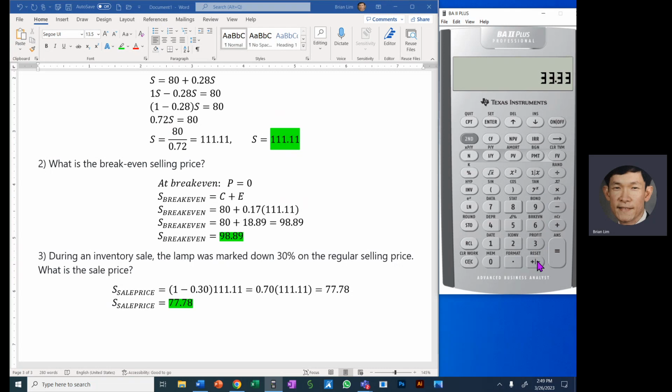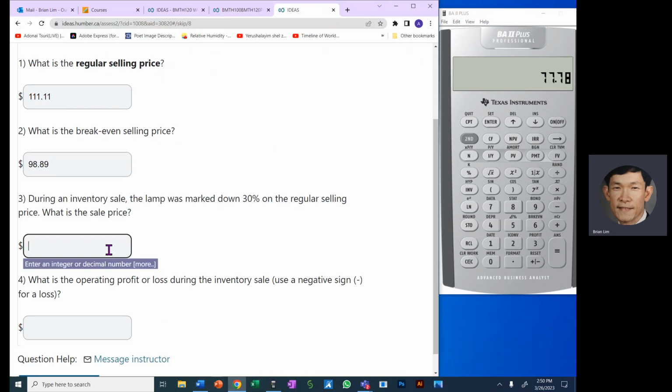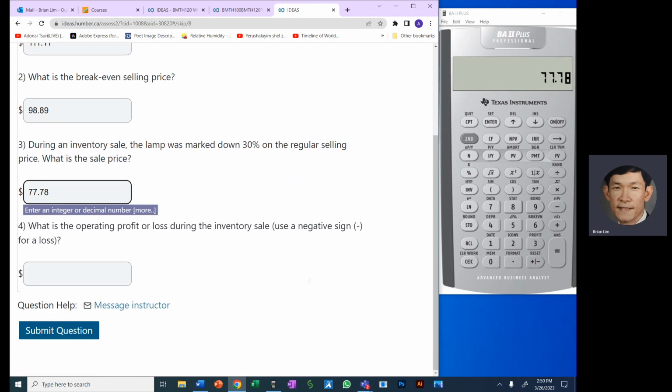So if we make that negative and we add 111.11, we get the correct answer, which is the same as the previous answer. So that answer looks like it's correct. 77.78.